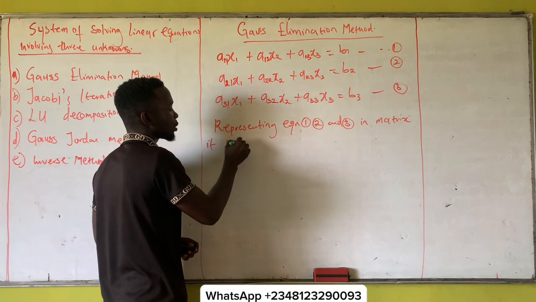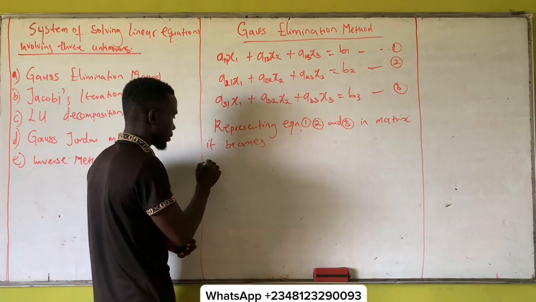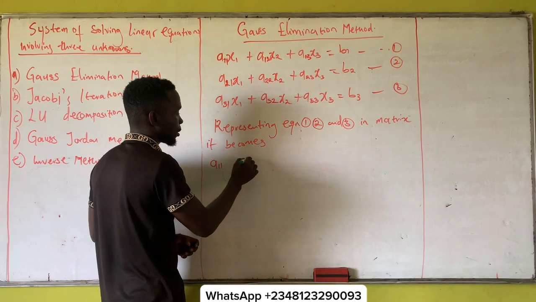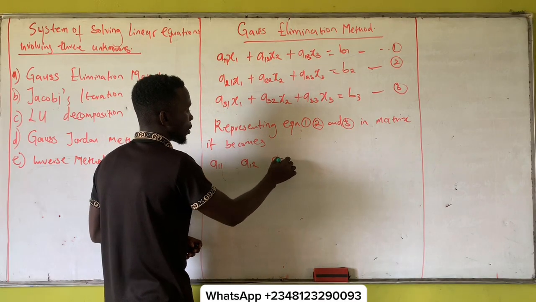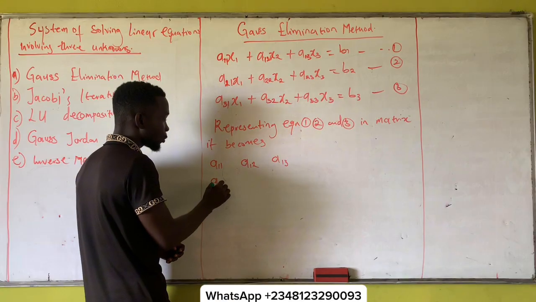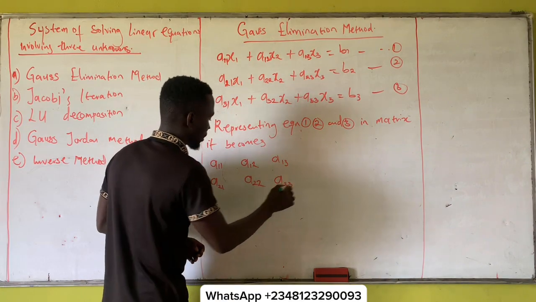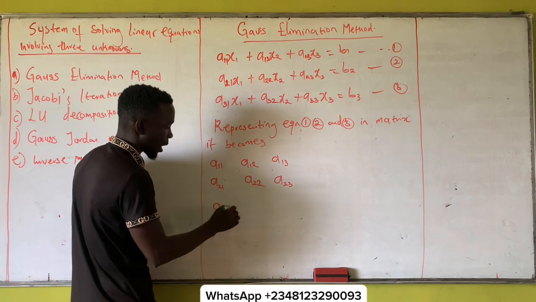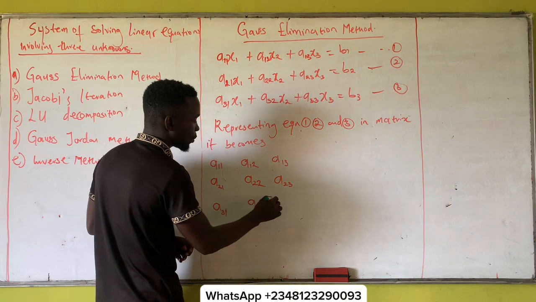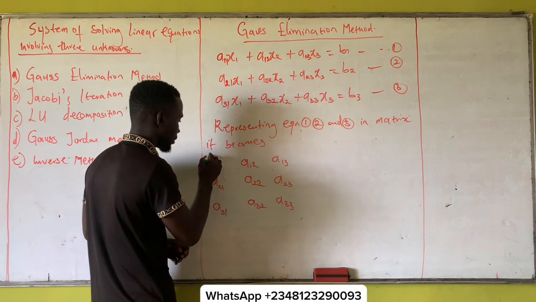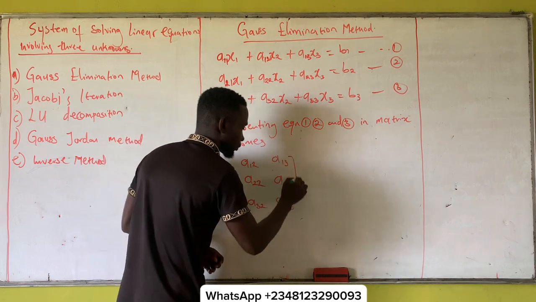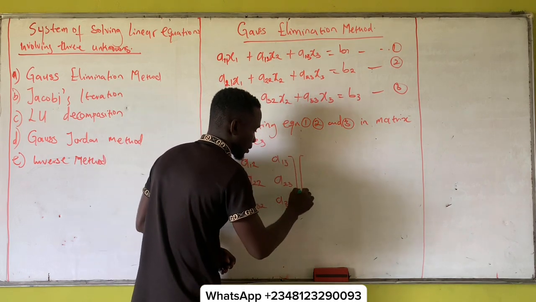It becomes the matrix with rows A11, A12, A13; A21, A22, A23; A31, A32, A33. Close the bracket.